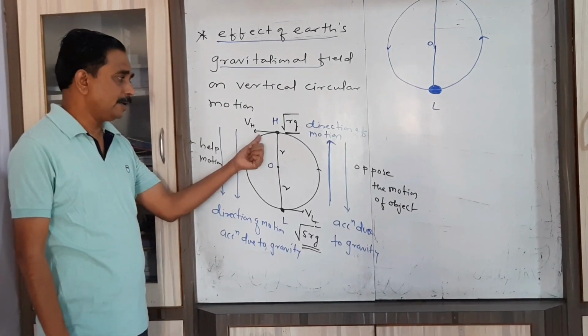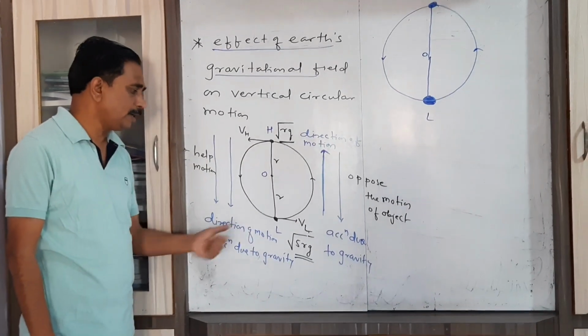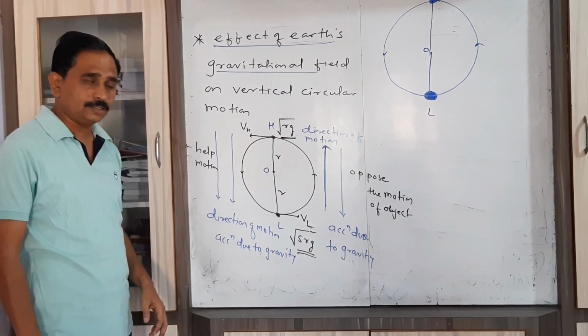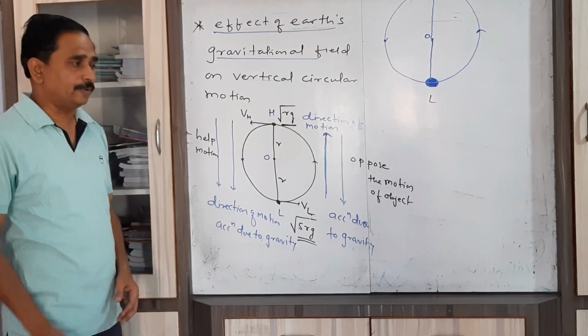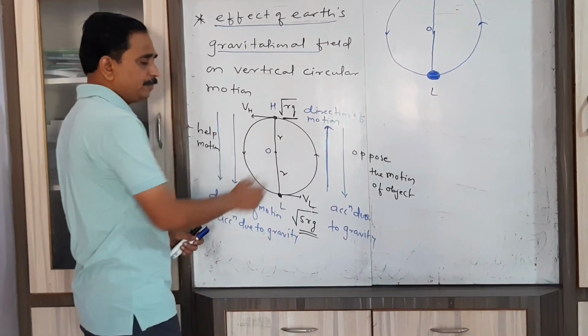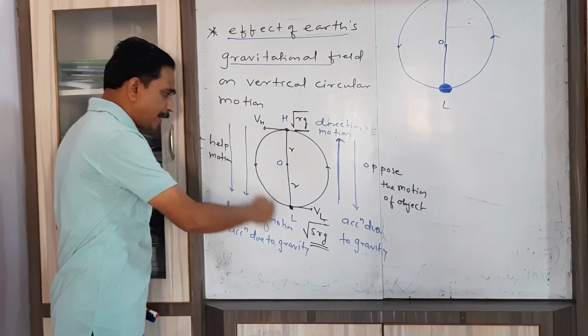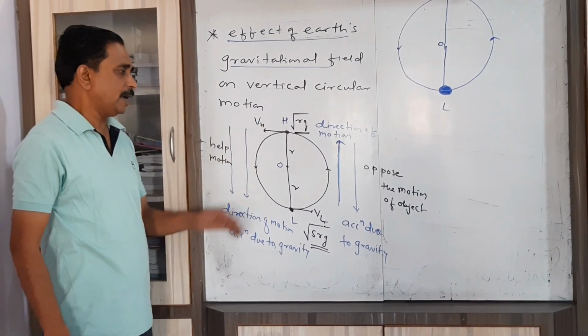That's why the velocity goes on increasing. It increases from under root of rg to under root of 5rg. It means in half part of the motion, velocity decreases and in half part of the motion, velocity increases.